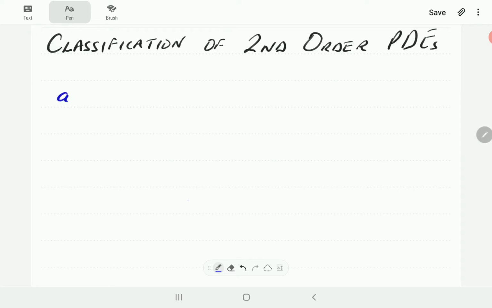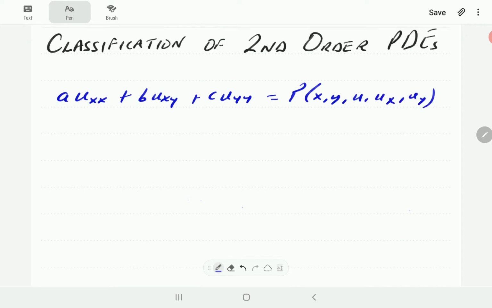So we said for the linear PDE A u_xx plus B u_xy plus C u_yy equal to some function P of x, y, u, u_x, u_y, we said the classification of this PDE depends on the sign of the discriminant.